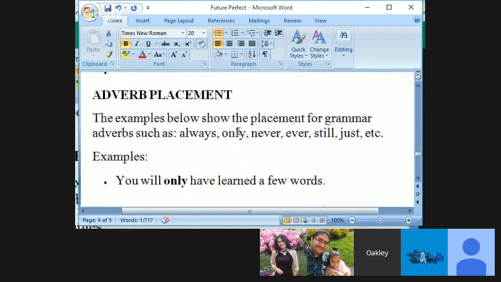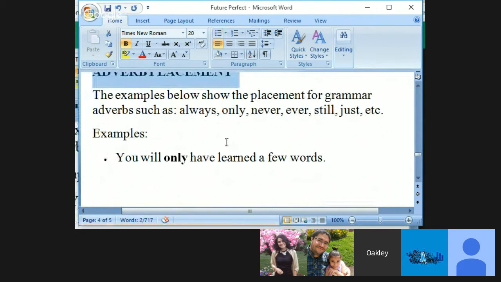Okay. I had briefly mentioned adverb placement when I was discussing forms, or I don't know, at some point in the lesson. Okay, just to emphasize it again and actually to make a point here. All right, adverbs, commonly adverbs that show frequency, duration, whatever, things like always, only, never, ever, still, just.